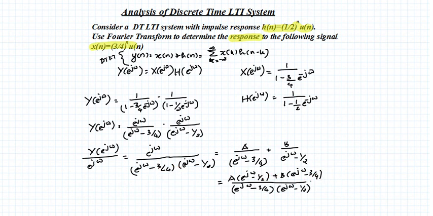So I can equate these two terms: e raised to j omega can be written as (a plus b) into e raised to j omega, and the remaining terms minus a by 2 minus 3 by 4 b.